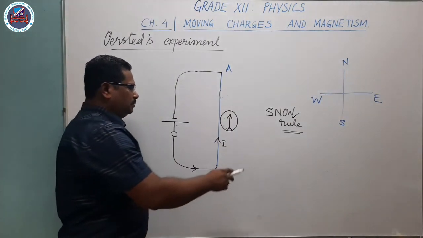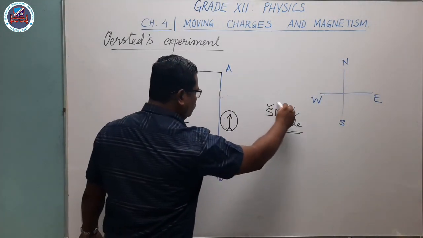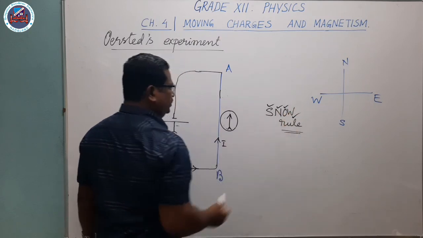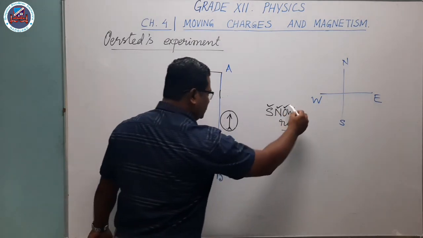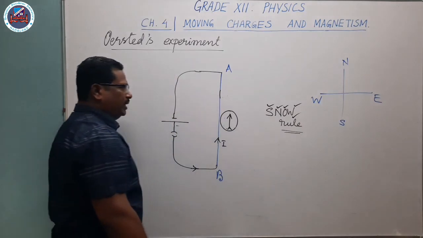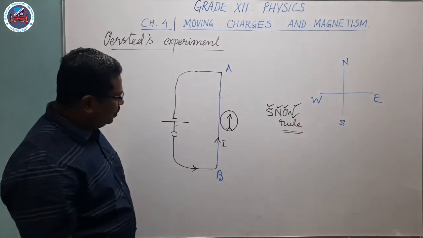Again I repeat it once more. When current flows from south to north over the wire, then the deflection in the compass needle is towards the west. This is known as Snow rule.